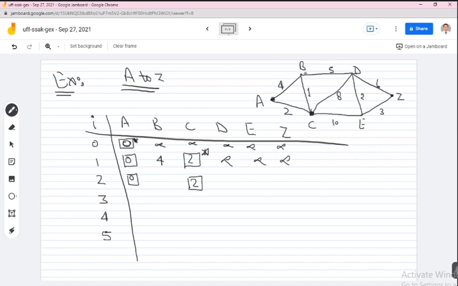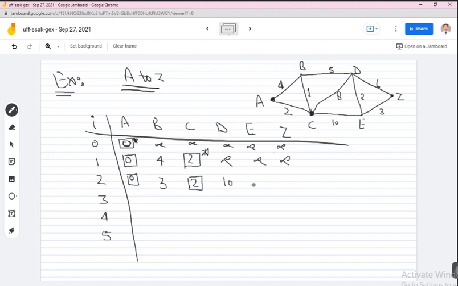From C it is B, D, and E. For B, as I have already told you, 2 plus 1 is 3. For D, 2 plus 8, it will be 10.